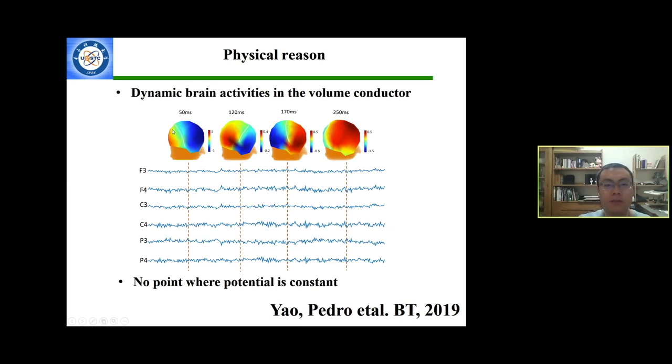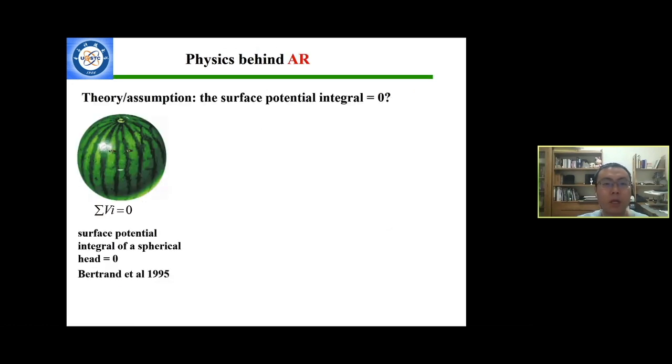We can see that these lines are changing time by time, and the zero point where the potential is constant. For the physics behind the average reference, AR, the zero assumption is that the surface potential integral is 0.